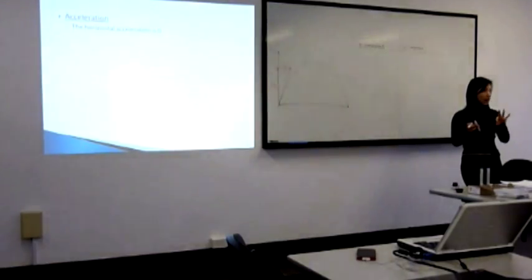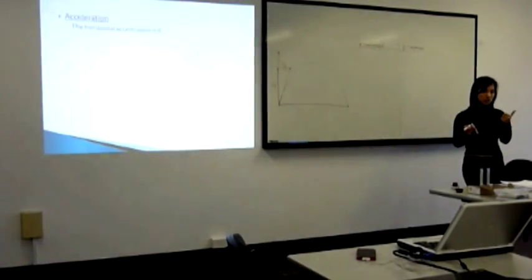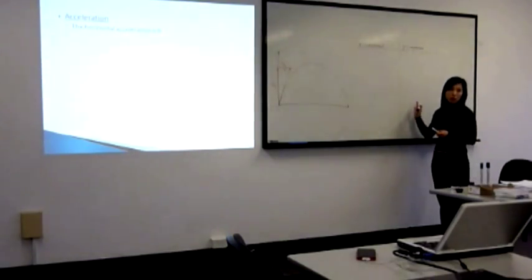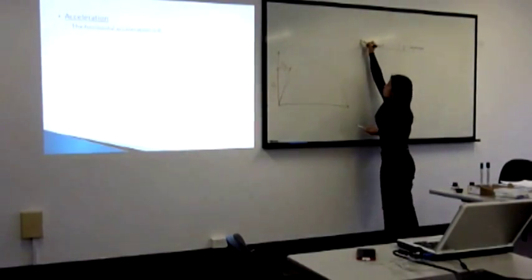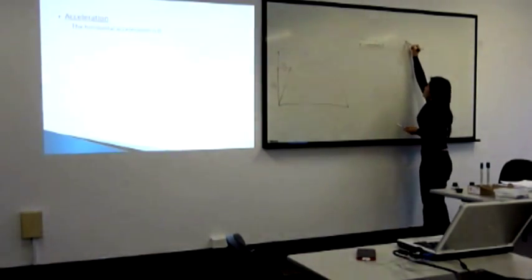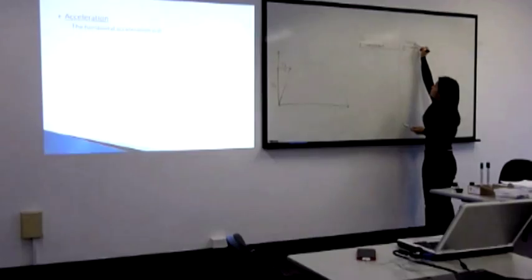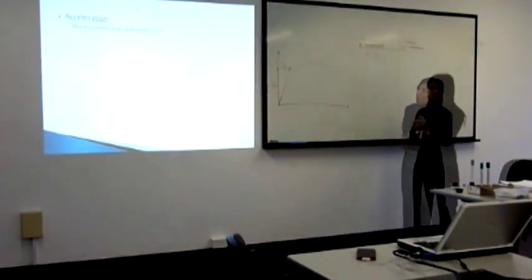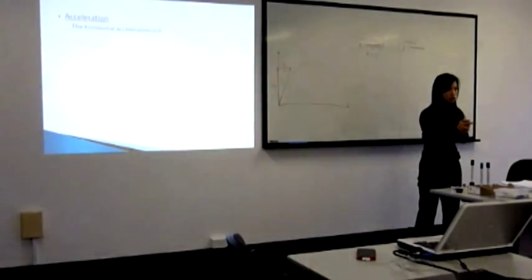So we're going to be looking at these three different equations: acceleration, velocity, and displacement in separate components. So in this case, that is the horizontal one, and this one is the vertical one. Okay?